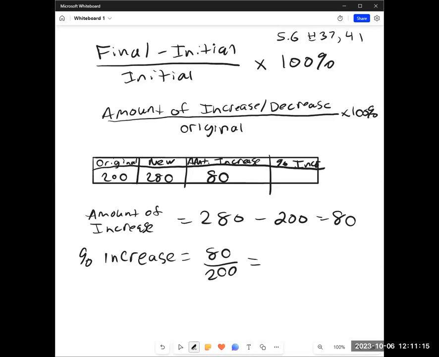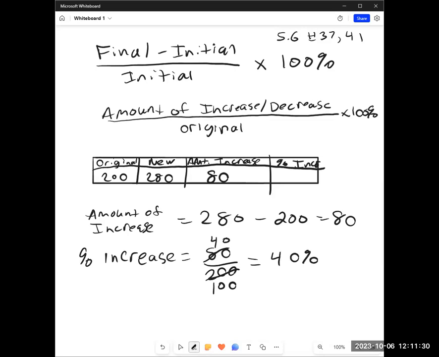I'm going to make that have a denominator of 100 by dividing top and bottom by 2. And since that's written over 100 right now, that is a percentage, so this is 40%.